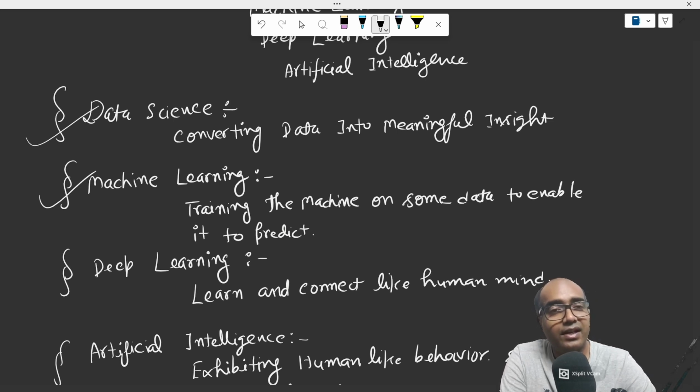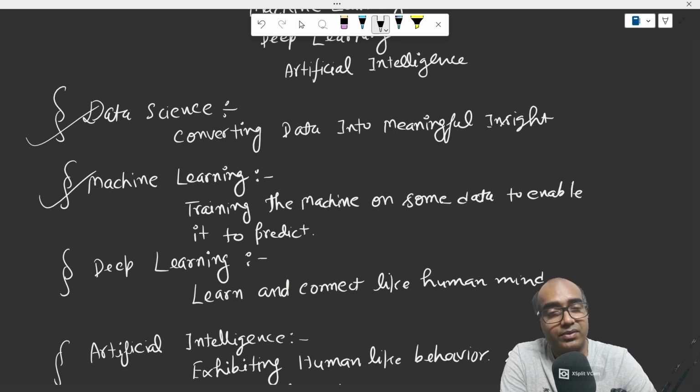So based on the learning it can predict as well that if you touch an electrical socket it will give you a shock, right? So all these things where the machine is trained based on a certain data set is known as machine learning, and based on that it can predict the things for you, right?